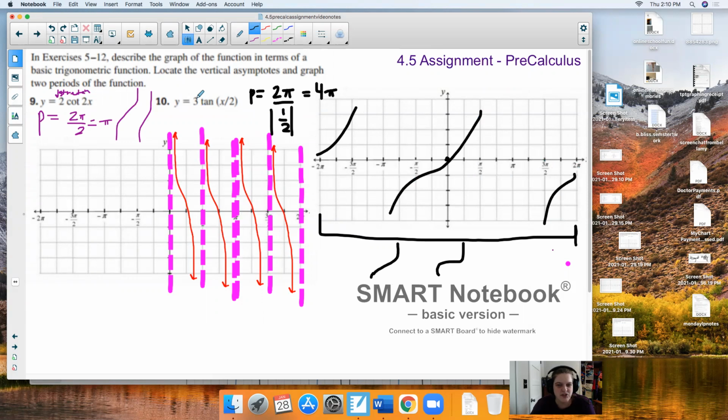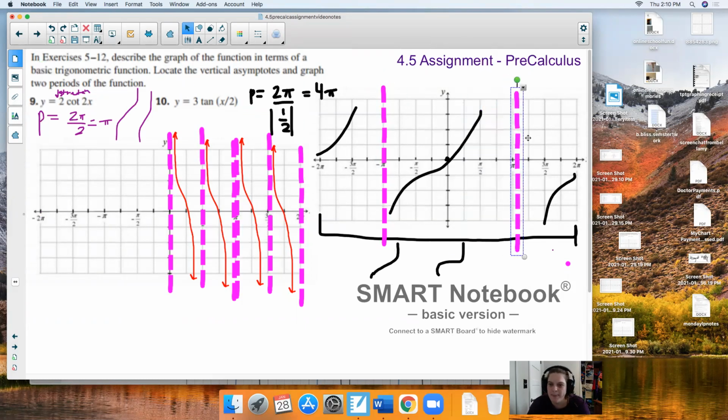It also says that it's 3, which just means that it's going to have a taller, it's going to be stretched, but of course that's very hard to do by hand, showing how it's stretched. So let's see, normally there's our axis and here's our other one. So I kind of do that freehand nice.